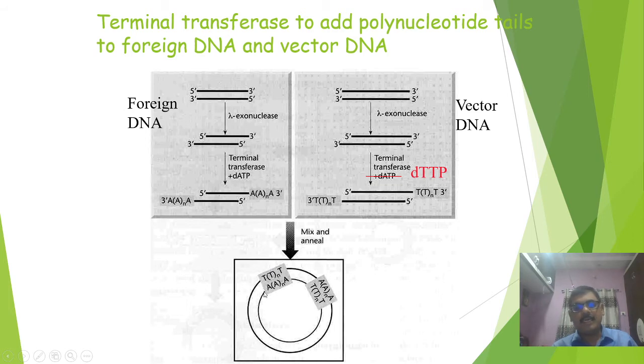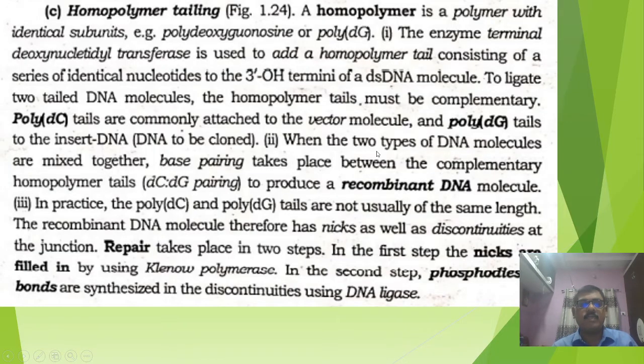So terminal transferase is also used to make a blunt ended molecule into a sticky ended molecule by using polylinkers which are attached at the 3' end of the molecule with the help of terminal transferase.